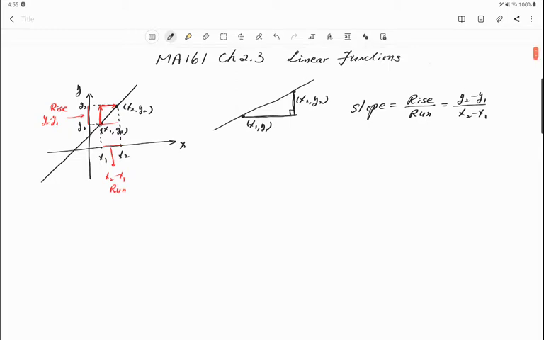So let's say there are 2 points, x1, y1 and x2, y2. We subtract y1 from y2 and subtract x1 from x2. Or you can switch the points and write y1 minus y2 over x1 minus x2.